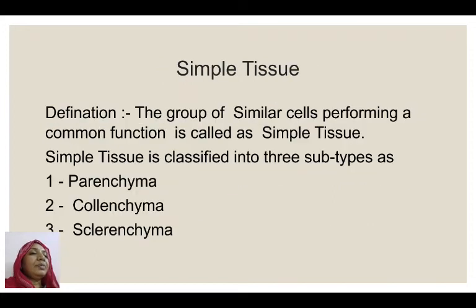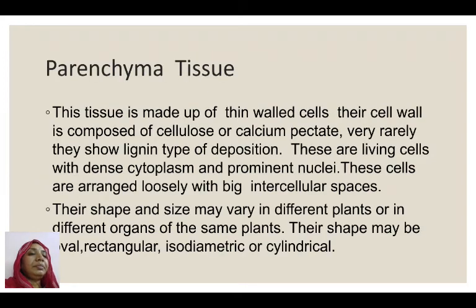The simple tissue can be defined as a group of similar cells performing a common function. The simple tissue is classified into three subtypes: parenchyma, collenchyma and sclerenchyma. Parenchyma tissue is made up of thin walled cells.